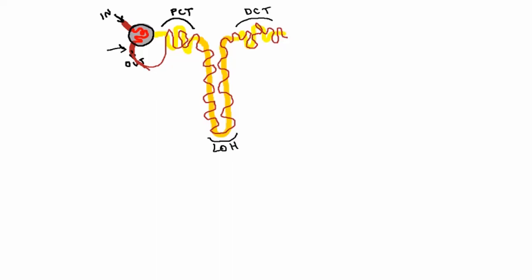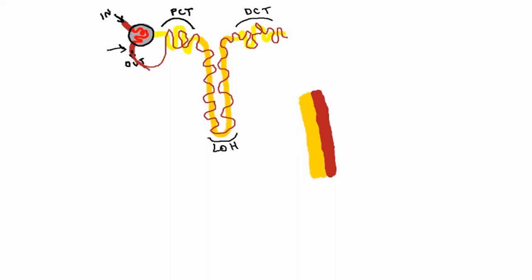So you end up having these tubes full of filtrate. Here's a tube of filtrate squeezed out by the capillaries of the glomerulus, and then right next to it you have capillaries, these miniature arteries from the efferent arteriole, and they're right next to each other.